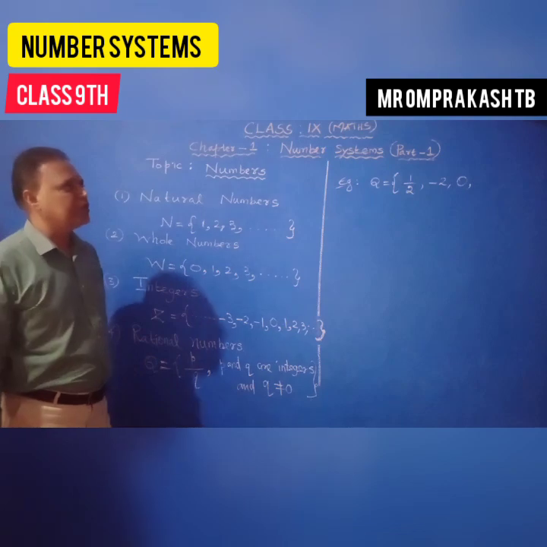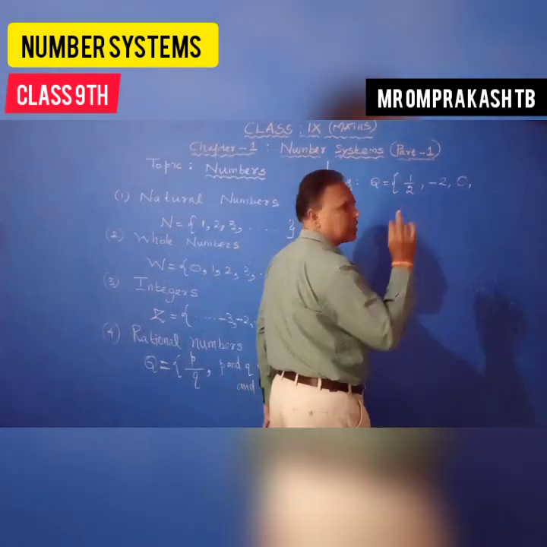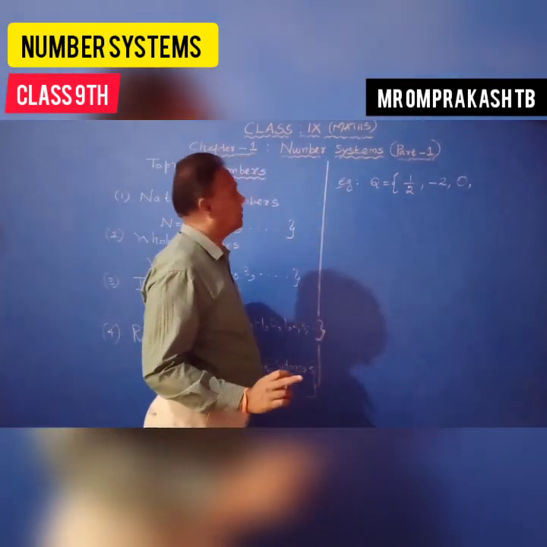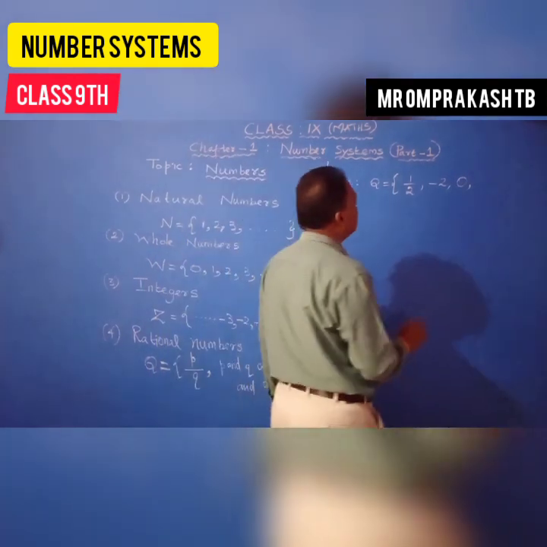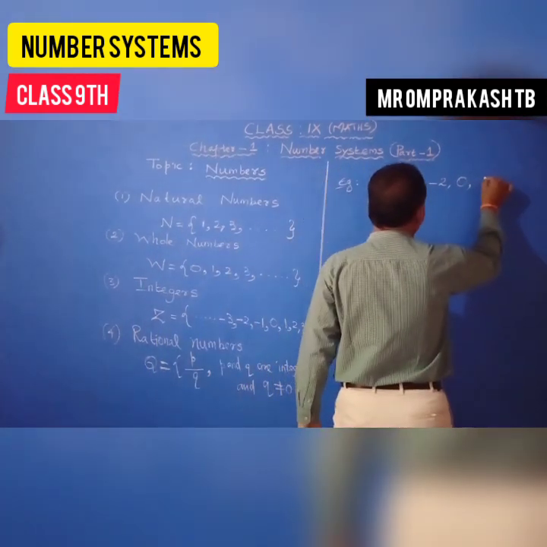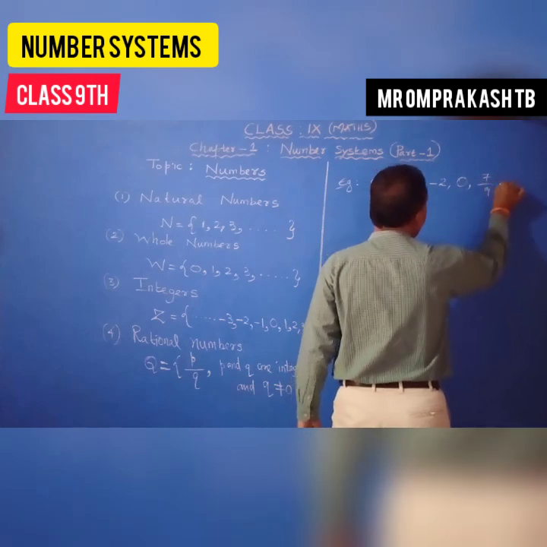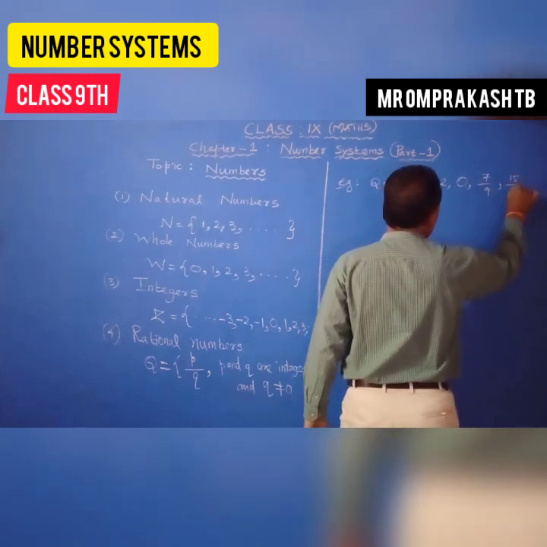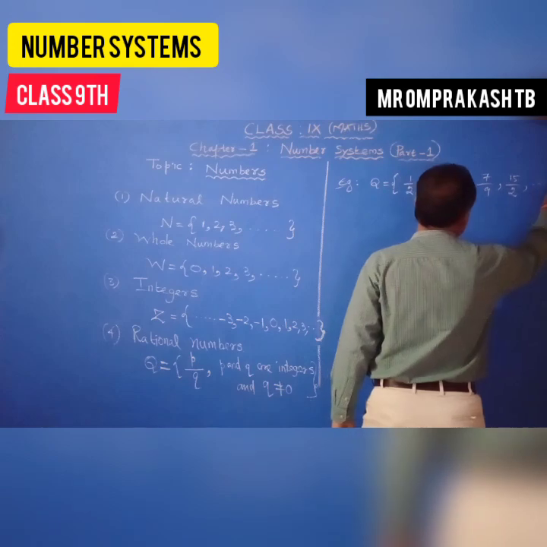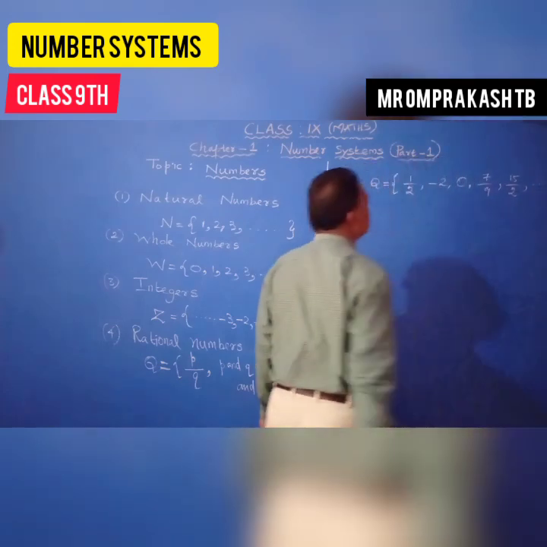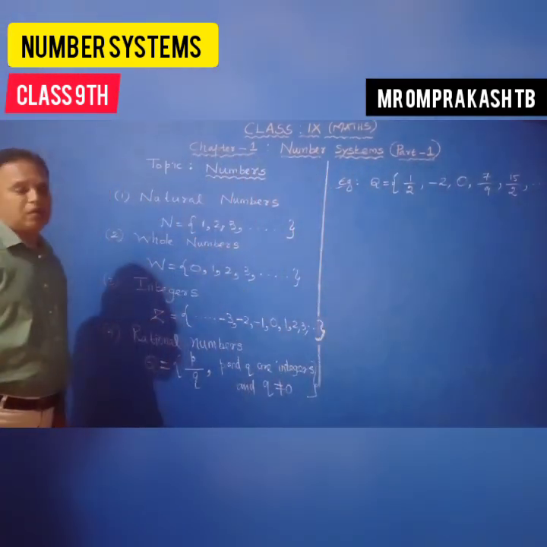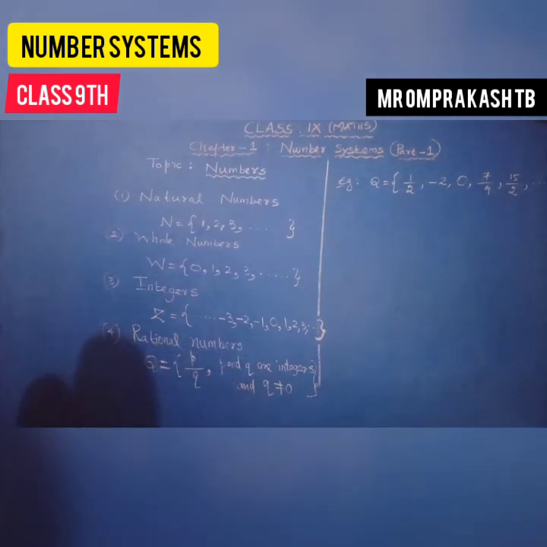So numerator 0 is possible. So 0 is also a rational number. And 7 by 9, 15 by 2, etc. So these are rational numbers.